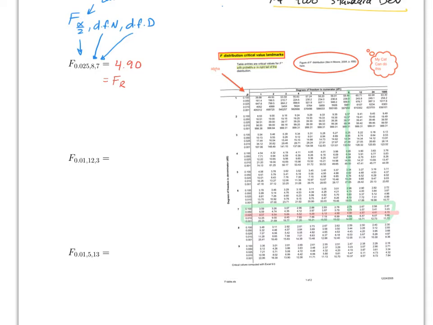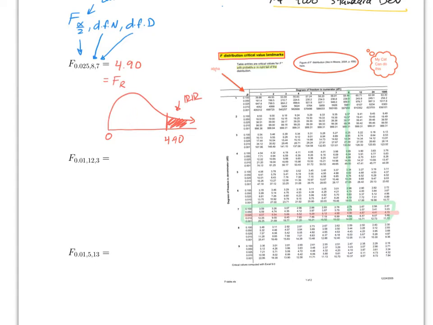We cannot find the left side with the table, so we have to just be happy with the right side. The shape is very similar. The whole point is to find these values, because this is going to be the rejection region, and this will be the fail to reject.